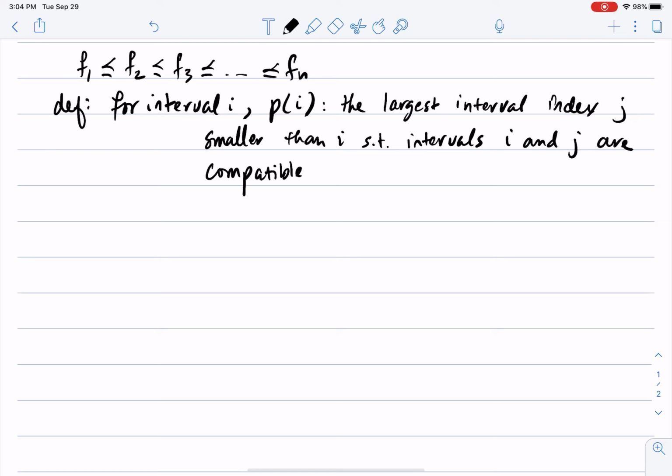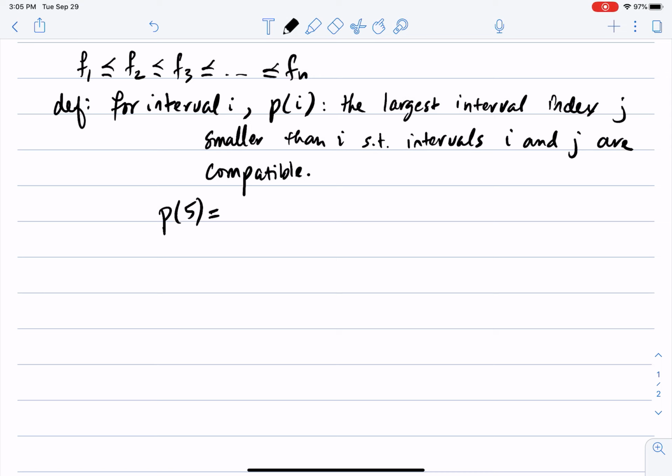We have sorted these intervals, f_1 smaller than f_2, smaller than f_3, and so on. So imagine I'm asking you, what is p(5)? Of the intervals 1, 2, 3, 4, which one of them is compatible, and let's take the highest index of the compatible ones.